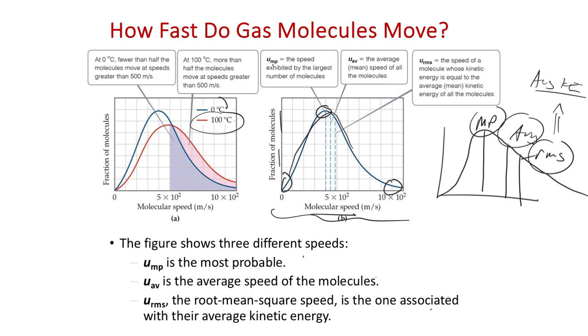If we increase the average velocity, we increase the average kinetic energy. So temperature is just a measure of average kinetic energy. Higher temperature, higher average kinetic energy, higher average velocities for our gas mixture, and lower temperatures, lower average kinetic energy, lower velocities overall.